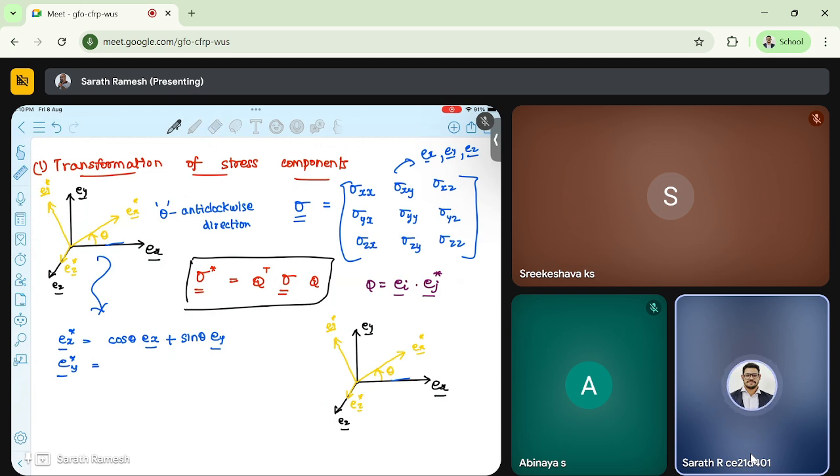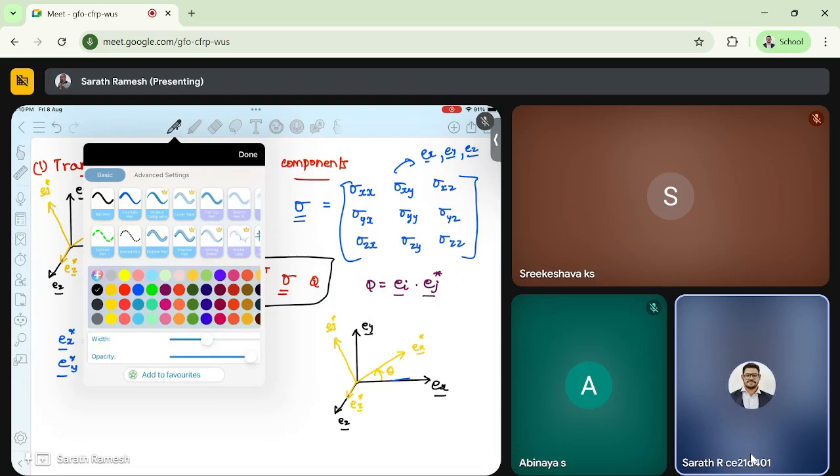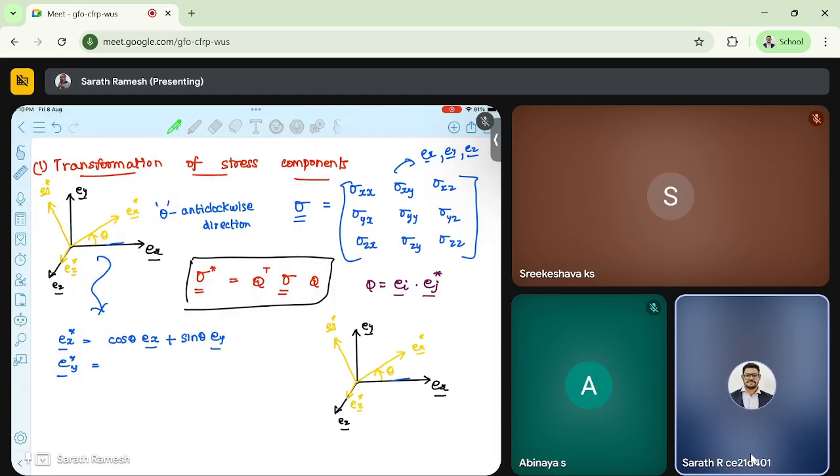I want to resolve Ex and Ey in terms of Ey star. Ex will have two components: one is Ex cos theta, and another is Ex sin theta.